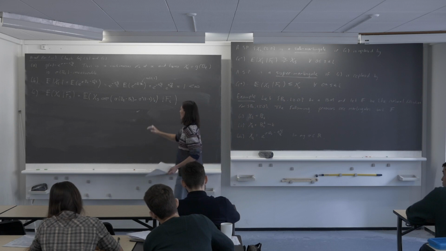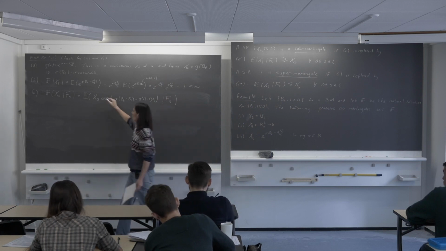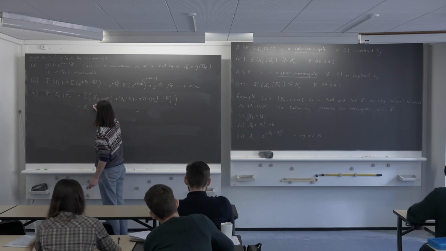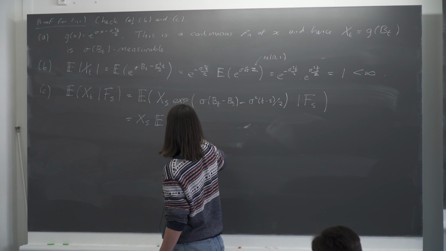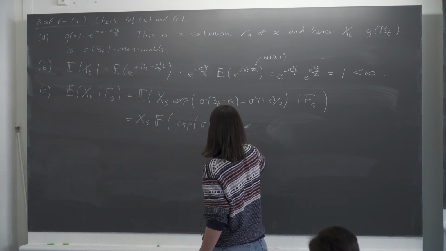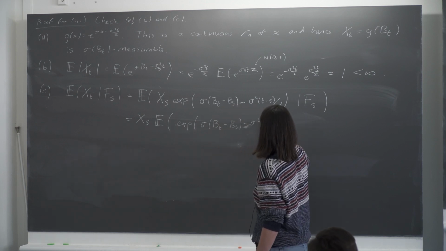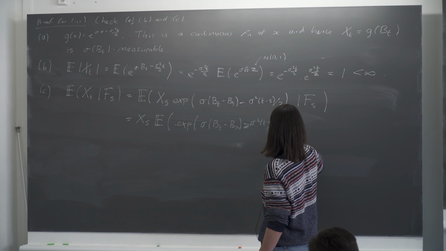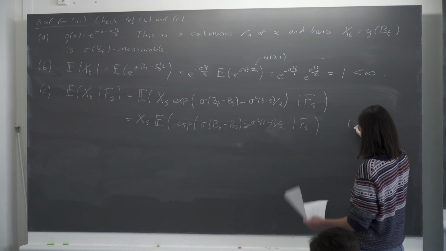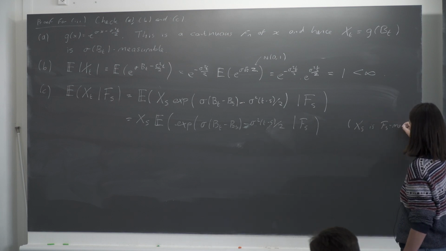But we know that Xs is Fs measurable. We checked that in condition A, and so we can take this outside. So this is equal to Xs times the conditional expectation of e to the sigma (Bt minus Bs) minus sigma squared (t minus s) over 2, conditional on Fs, and this is because Xs is Fs measurable.